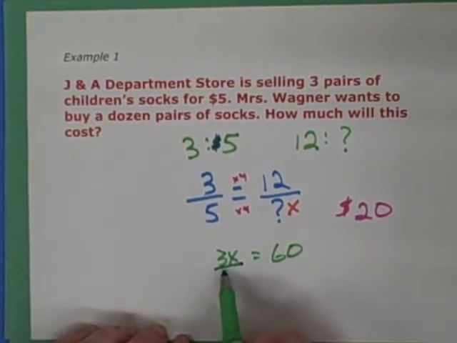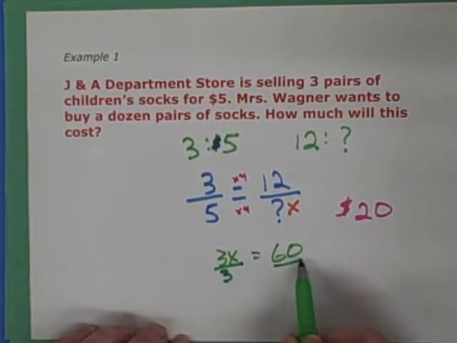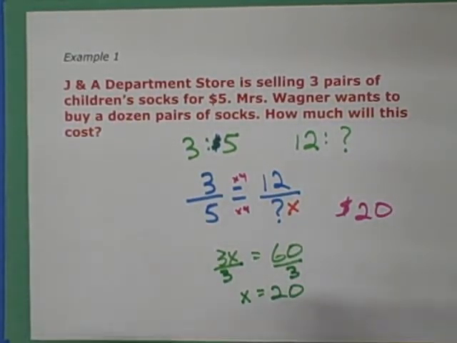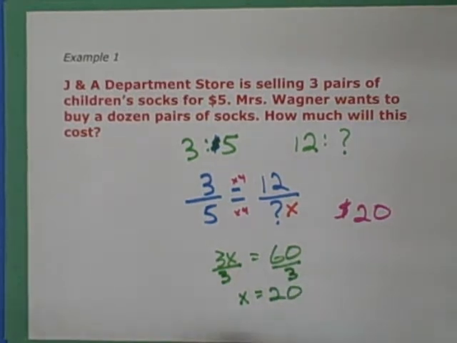Well, if we divide both sides by 3, 3 divided by 3 is x, and 60 divided by 3 is 20. So again, our unknown is 20, so it's going to cost Mrs. Wagner $20 to buy a dozen at the ratio of 3 pairs for $5.